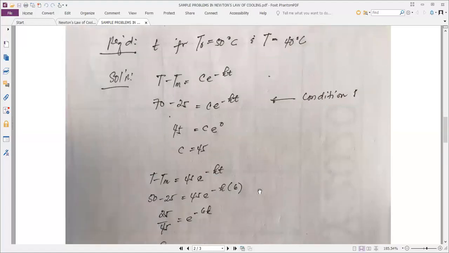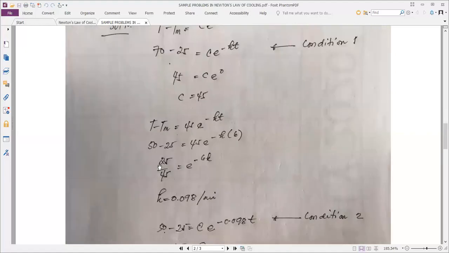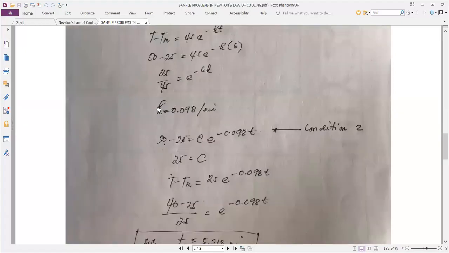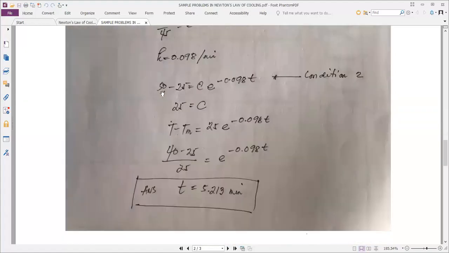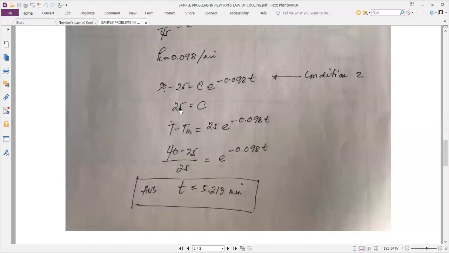So what I did here, I computed again for the C. The C wherein my initial temperature is not anymore 70, but I use already the 50. Now, of course, my time would still be 0 because this is to be interpreted as my new starting temperature for cooling. So the C that I'll be getting is not the C here, which is 45, but this time it would only be 25.